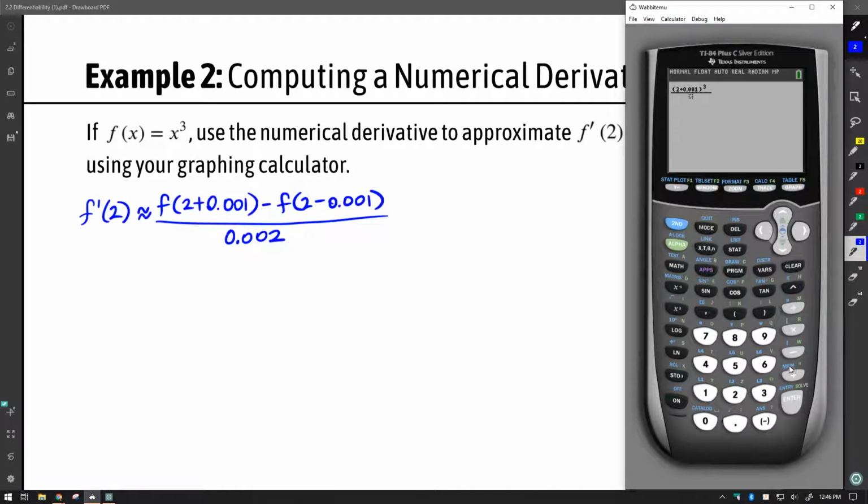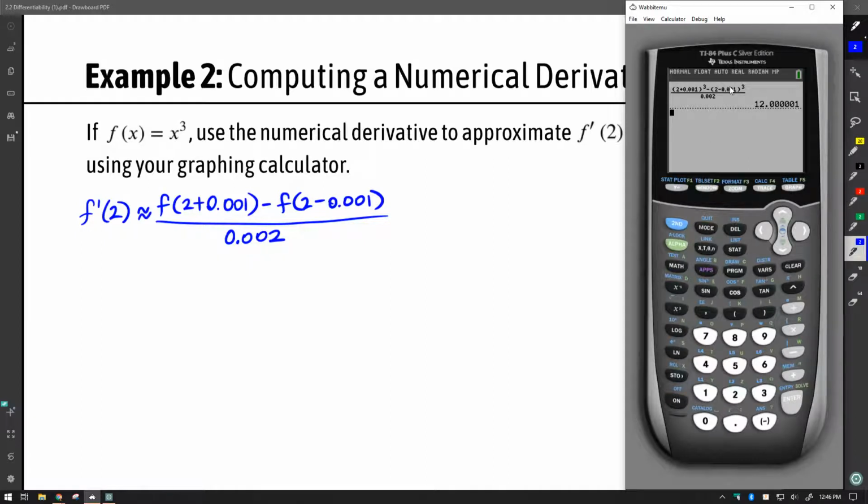And then we're going to go minus 2 minus 0.001 and cube it. And then this is going to be over 0.002. And let's see what we get here. 12.000001. So it's at the 6th decimal place that we get a 1.